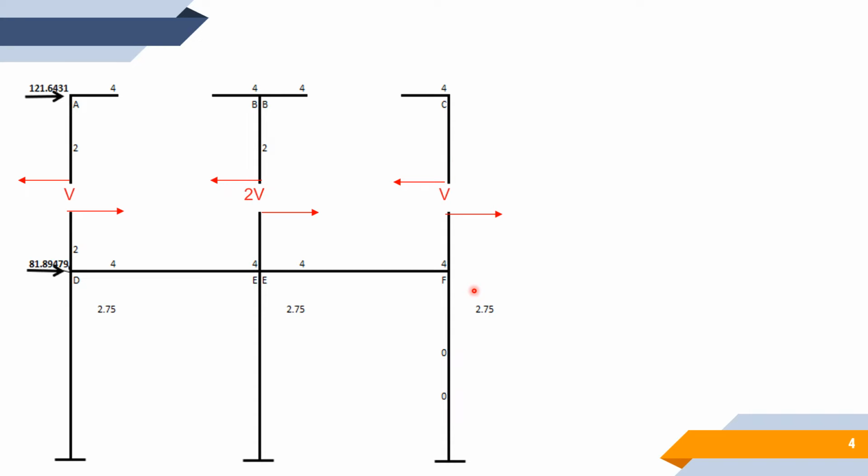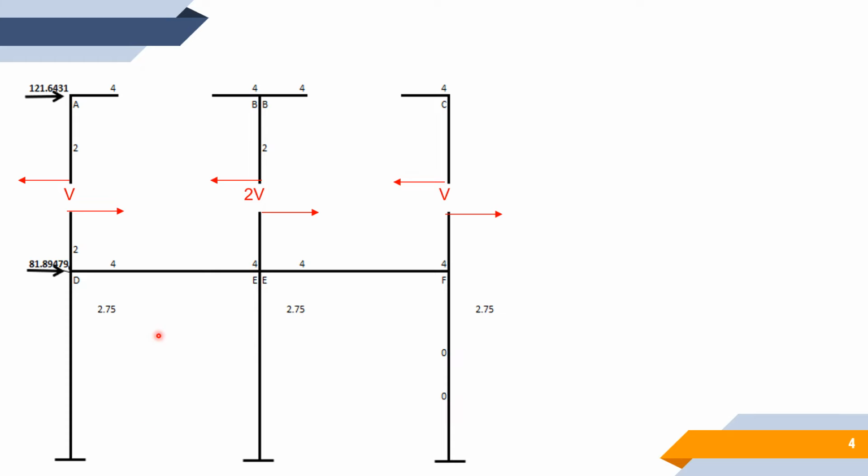So if V stands for shear, the exterior columns will resist V and our interior column will resist 2V.